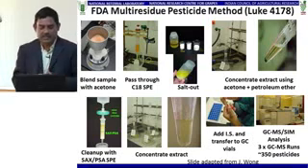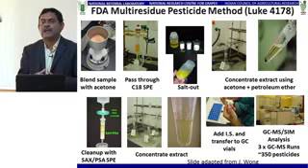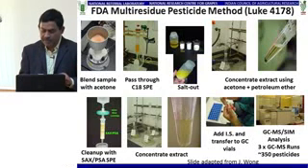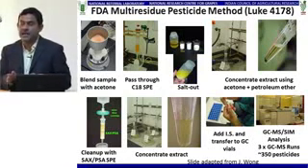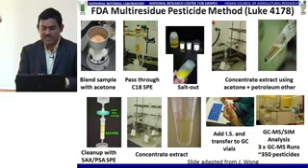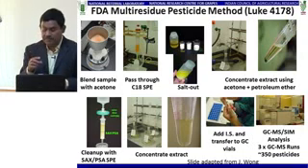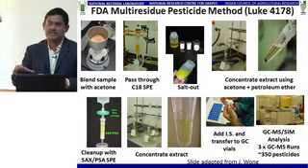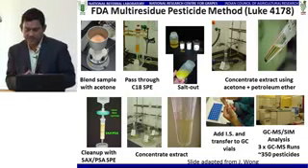Here the extraction solvent was acetonitrile, and this method was predominantly validated for fresh commodities, non-fatty foods. But then lots of organophosphates were coming into the international market, and this method was not giving good recovery. So they replaced acetonitrile with acetone, and this gave much better results, and this method is still in existence in various laboratories in the form of the mini Luke method.